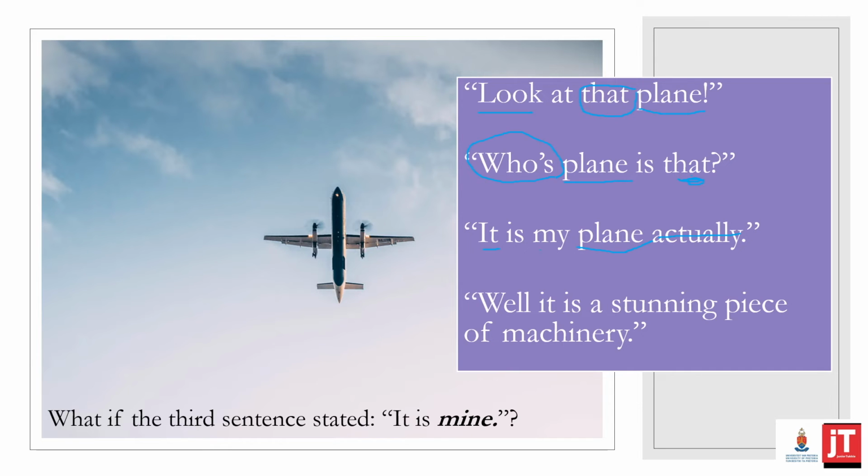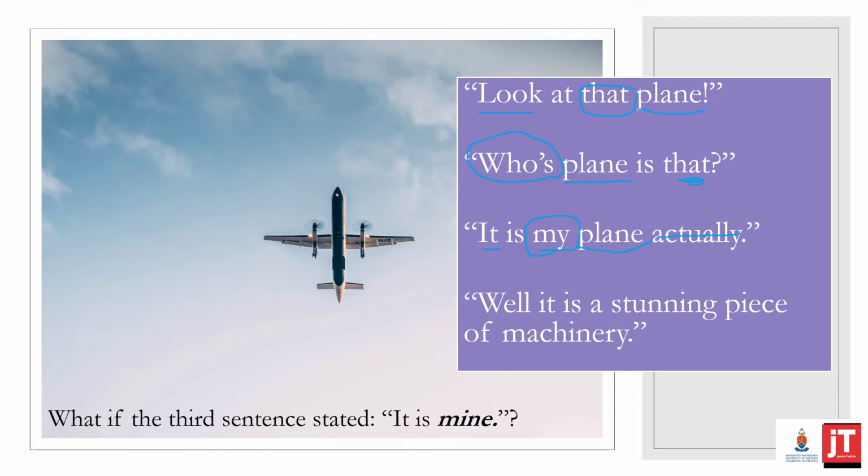So my plane is helping me understand this plane a lot better. It's this person's plane. If someone's saying it's my plane, not your plane, my plane, it's possessive. It's showing us who possesses this plane. Think of the possessive boyfriend or girlfriend. My plane, it's a possessive adjective.